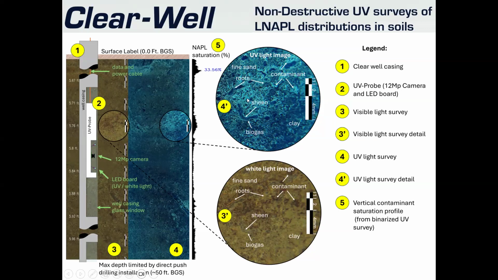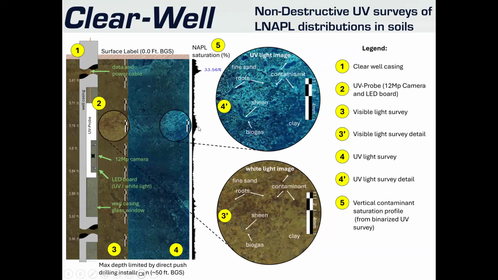Based on this picture, it's pretty obvious what is contaminant. Right here, these thin films are sheens, and that's contaminant. So we run this through a software that I call a binarizer. Everything that has NAPL becomes white, or a numerical value of 1. What doesn't have NAPL, such as this right here, becomes black, with a numerical value of 0.